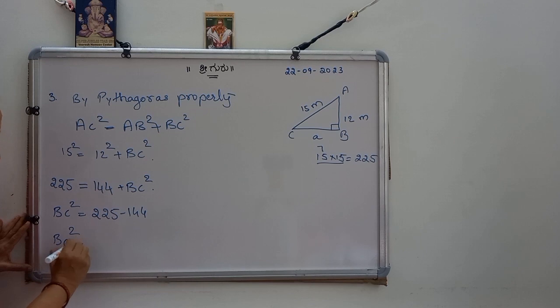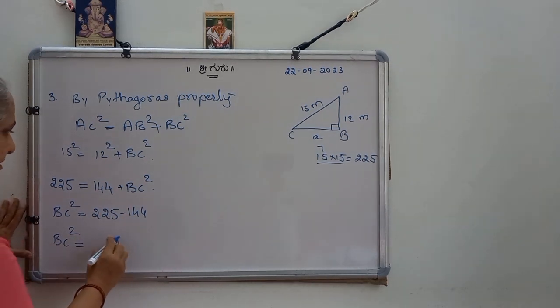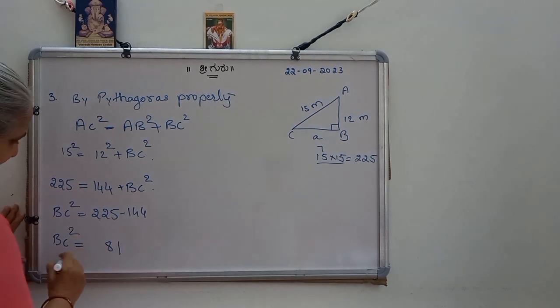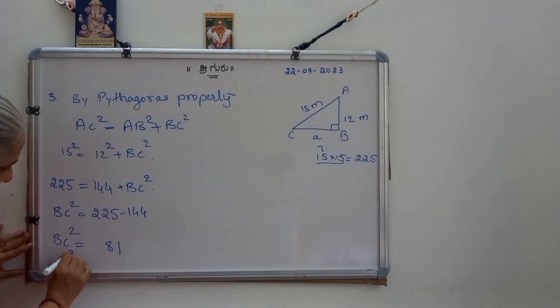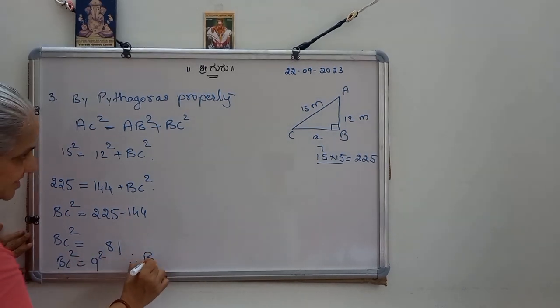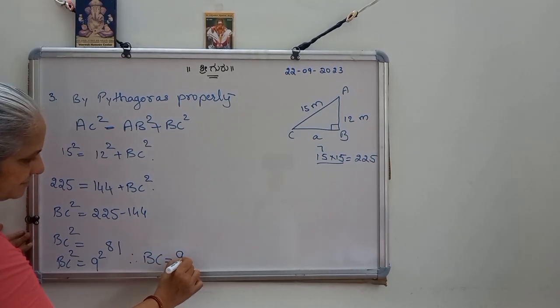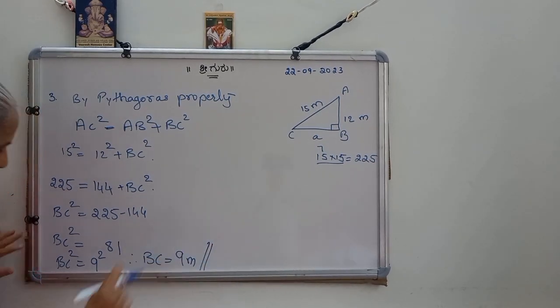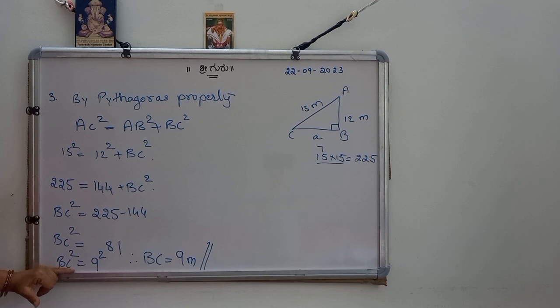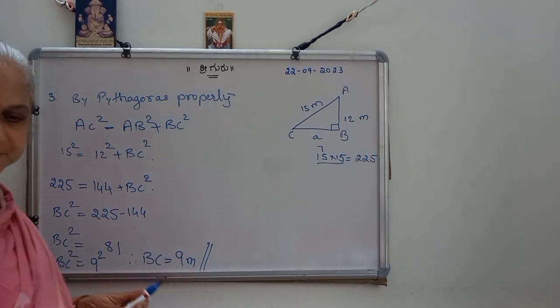BC square is equal to 225 minus 144, which is 81. And we know that 81 is 9 square. Therefore, BC is equal to 9 meters, because BC into BC is 9 into 9. Therefore, BC is 9 meters.